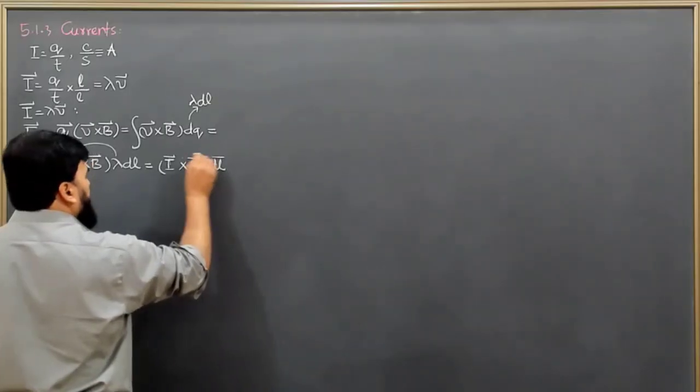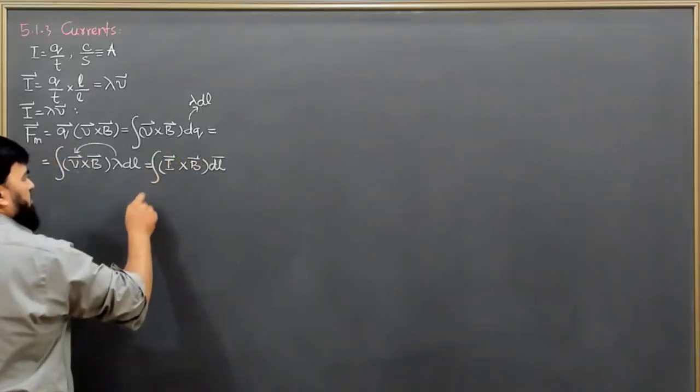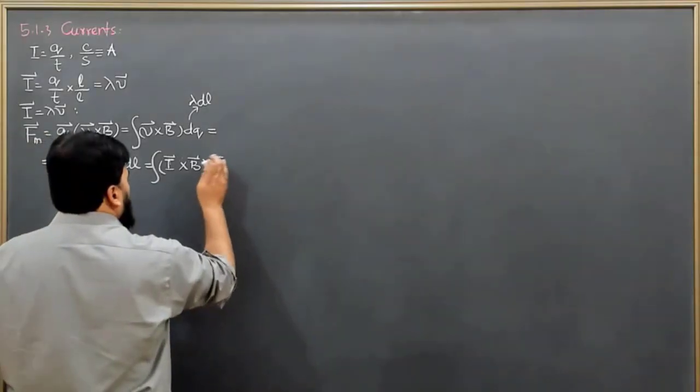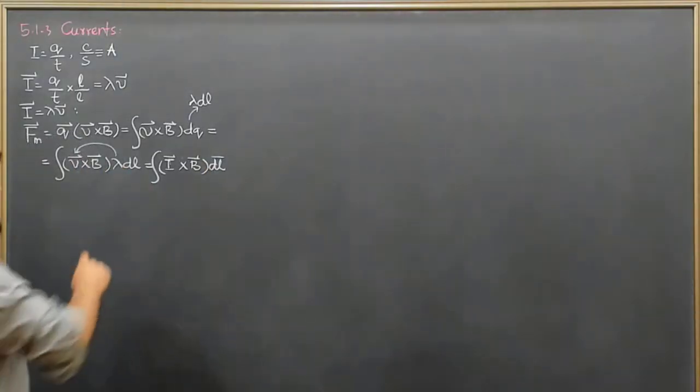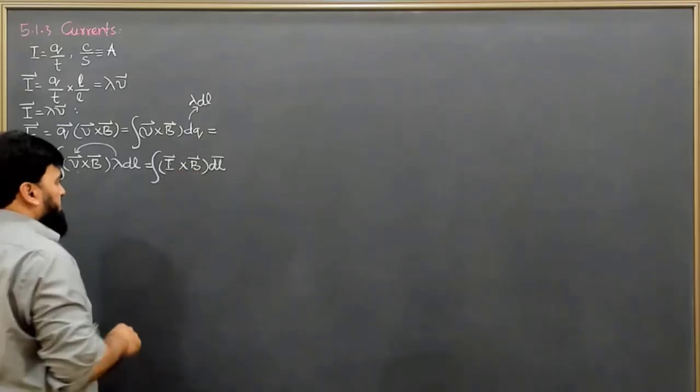But I will not write dl as a vector because it's a vector itself here.